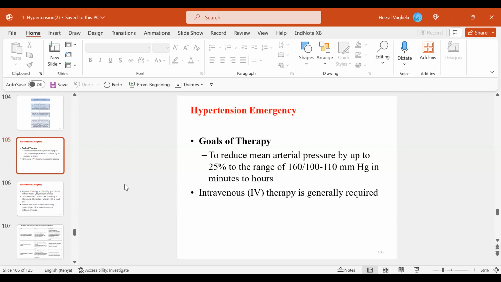Again, IV therapy is given. And for hypertensive crisis, BP is not lowered completely, at least 120 over 100, to maintain cerebral perfusion pressure and prevent acute ischemic stroke.